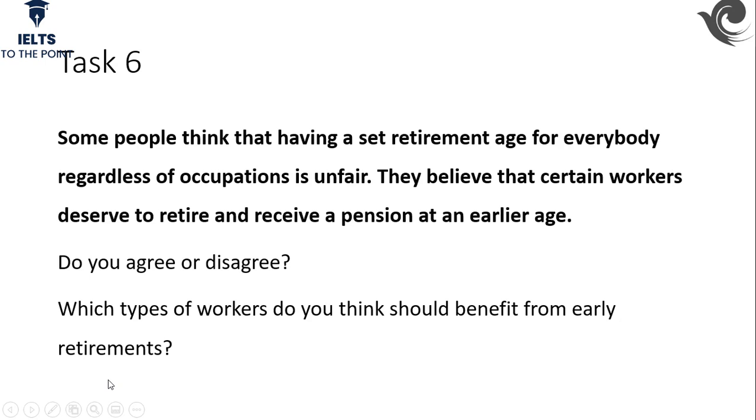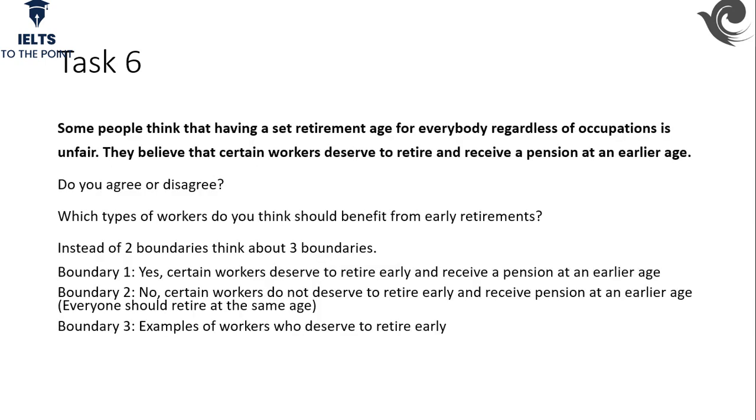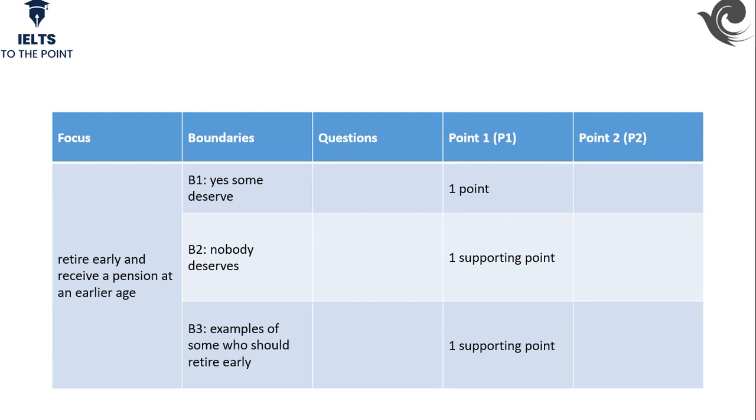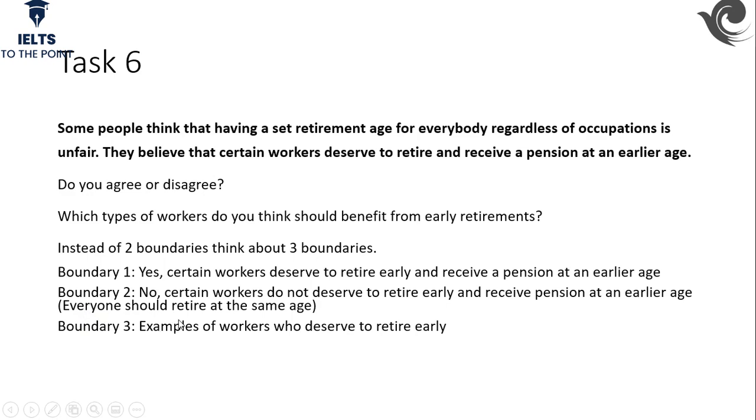So boundary 2, that nobody deserves to retire early and receive a pension at an early age, or in other words, everyone should retire at the same age, this boundary must lose, because if you prove that everyone should retire at the same age, then there is no point in giving examples, right?